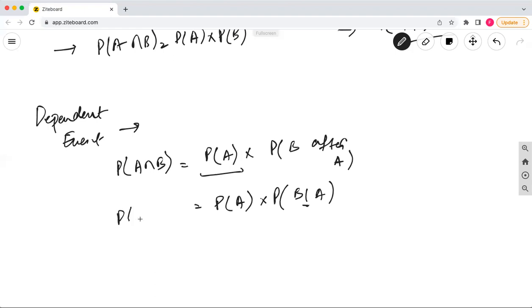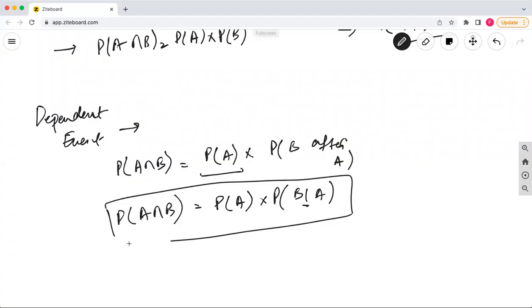So now let's discuss conditional probability. And what is conditional probability?